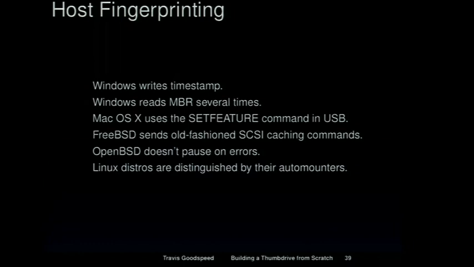Every other operating system waits until this command is necessary before using it. FreeBSD speaks a very antiquated, old-timey dialect. So it reminds the disk to turn caching on just in case the disk forgot, and no one else does that.